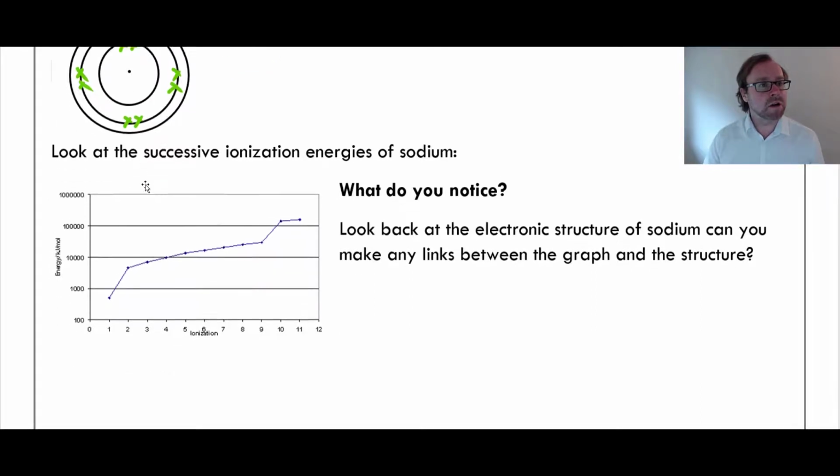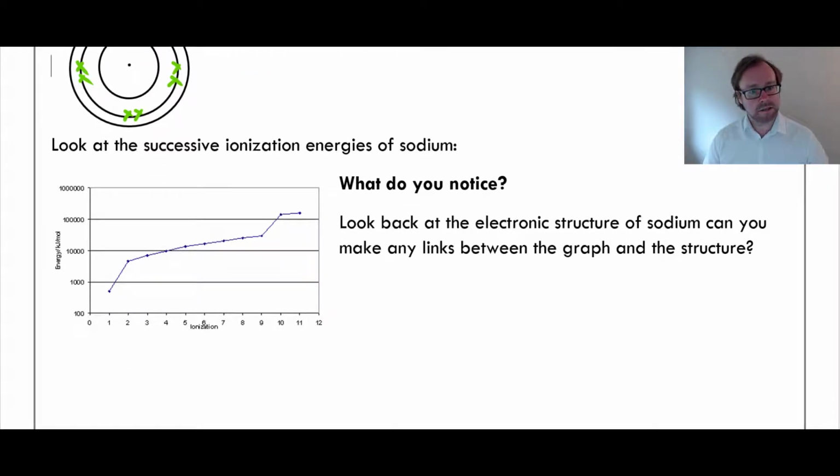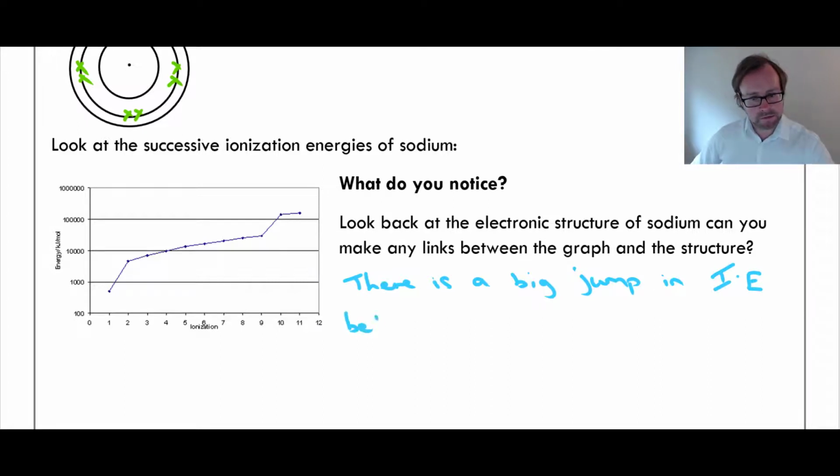So if we were going to write that into words, we could say this. There is a big jump in, I'm going to write IE for ionization energy, between 1 and 2.